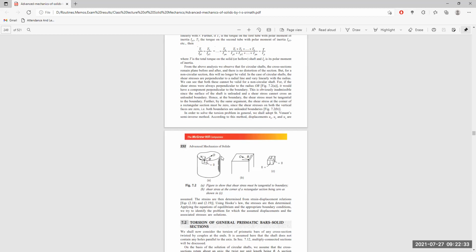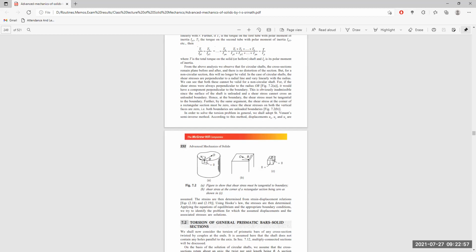So both the boundaries here and here are unloaded boundaries. There is no shear force here, because if you join O to B at the corner, you cannot draw any tangent there. That is a corner. You cannot draw any tangent on this corner because the tangent cannot be normal to both of them.